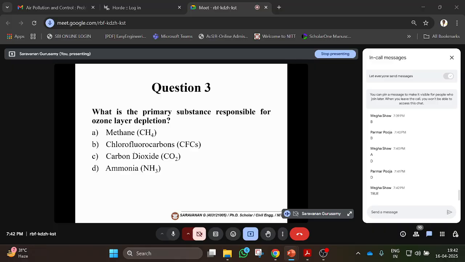What is the primary substance responsible for ozone layer depletion? Ozone layer, we all know, it should be a halogen. What are halogens? Chlorine, bromine, fluorine, iodine. So chlorofluorocarbon.